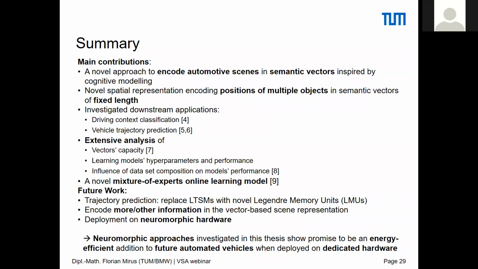Hi, Florian. Thanks for the talk. That was really interesting. One question I have is, you mentioned as the end goal being energy efficient analysis on these autonomous vehicles. It seems like a lot of the complexity comes from analyzing the basic image, the scene that the car is receiving, right?